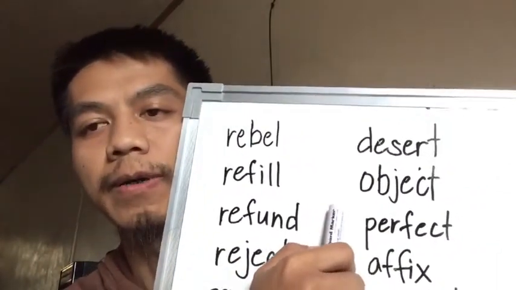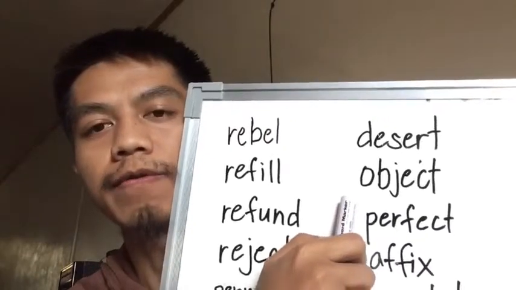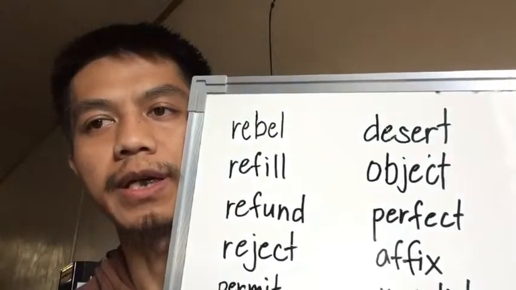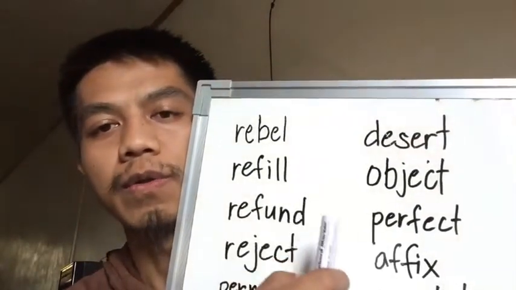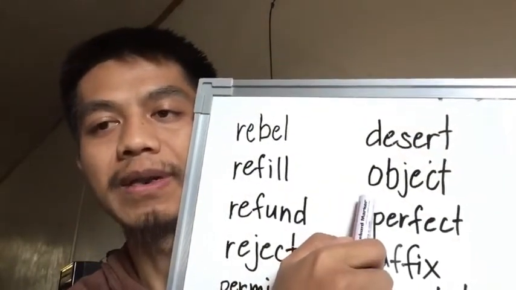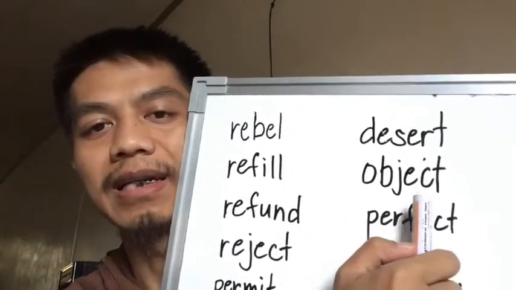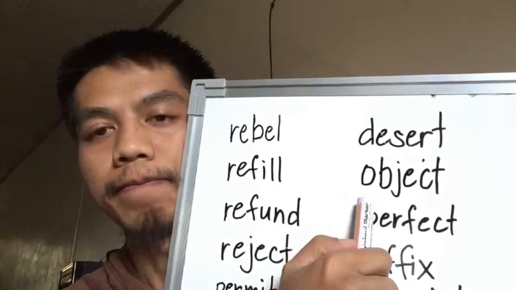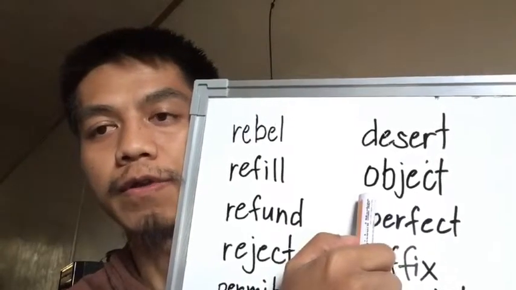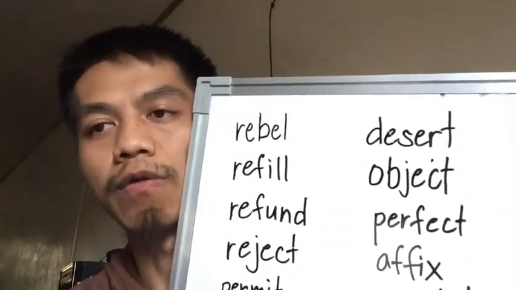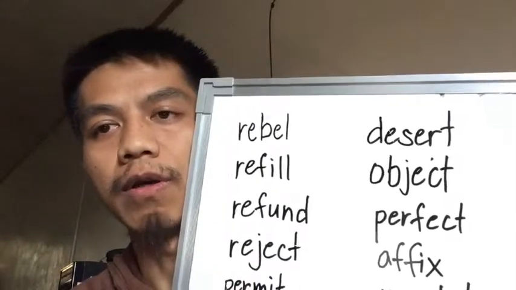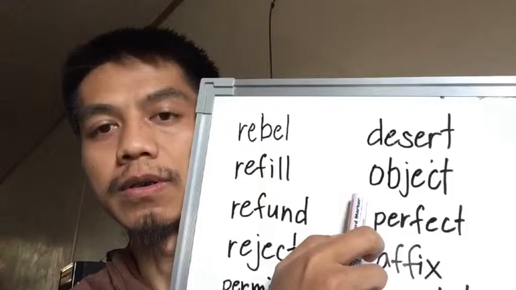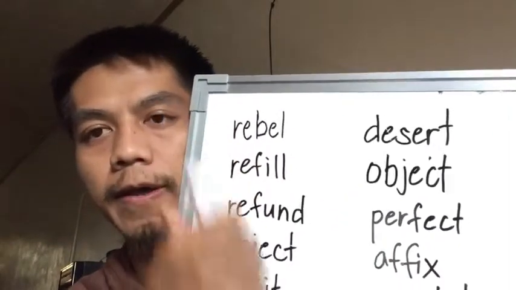Now for the verb object, the first syllable is unstressed, the second syllable is stressed. That means that for the first syllable, you cannot use a long vowel. The ah sound is a long vowel, you cannot use it since it is unstressed.